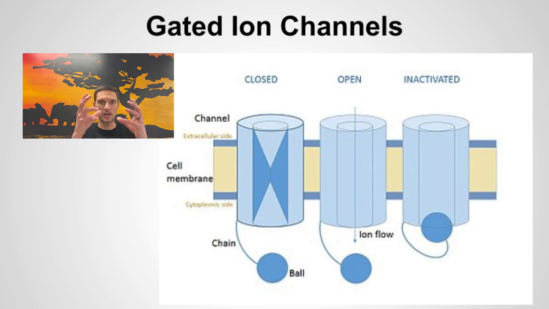It kind of looks like a channel with a chain and a ball attached to that chain. It can be opened or closed, with the ball and chain used as a way to temporarily block the channel. So there's open, closed, and also a temporary blocking of the channel, which is a reversible change. That conformation can be changed back so the channel can be opened or closed.